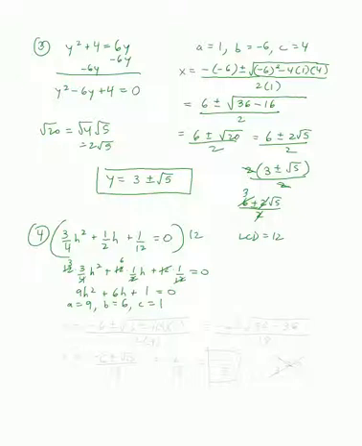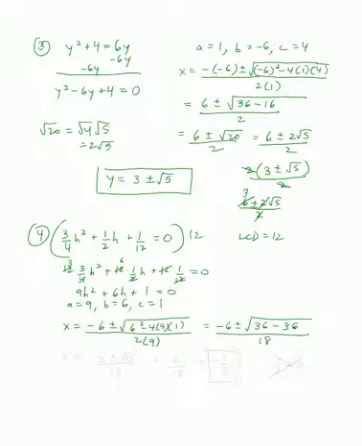So I put them in the quadratic formula. I get x equals negative 6 plus or minus the square root of 6 squared minus 4 times 9 times 1 all over 2 times 9. Which gives me negative 6 plus or minus the square root of 36 minus 36 all over 18.